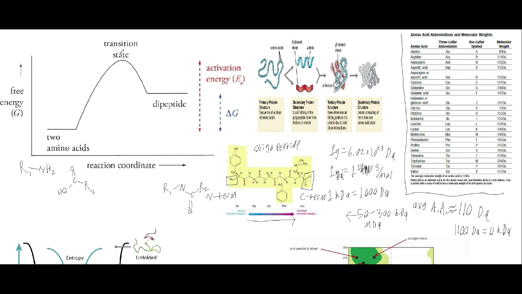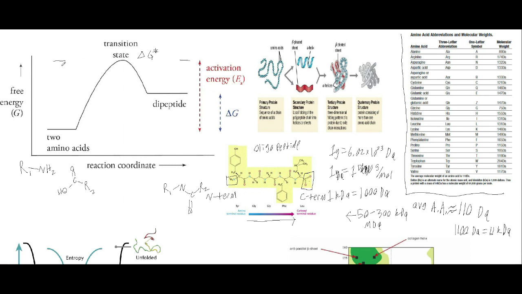This is the transition state, which is that delta G with this fancy symbol. Back in the thermodynamics video, I talked about the transition state, or we can think about it in terms of activation energy, which is the energy difference between the transition state up here.